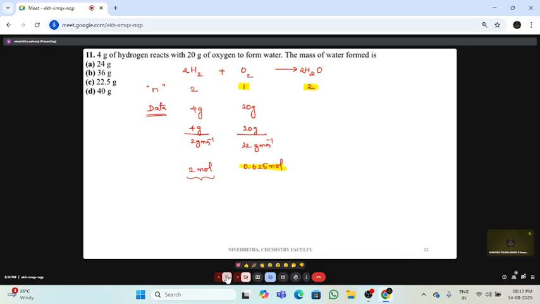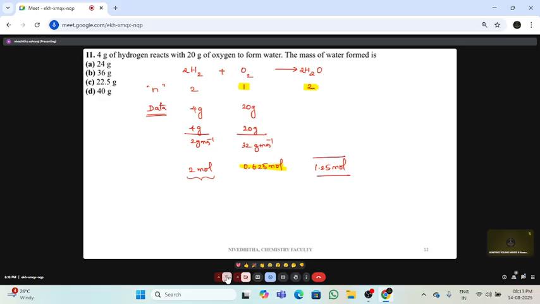So the number of moles of oxygen is 0.625. So the number of moles of water formed will be 2 times, which is 1.25. Come again, Kana? 1.25. Very good. 1.25 mole of water formed.